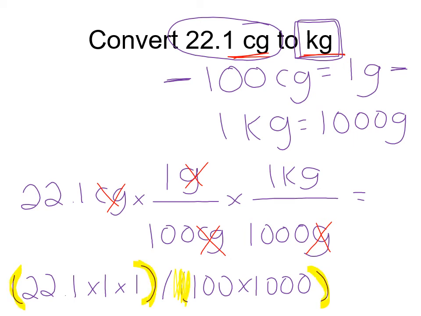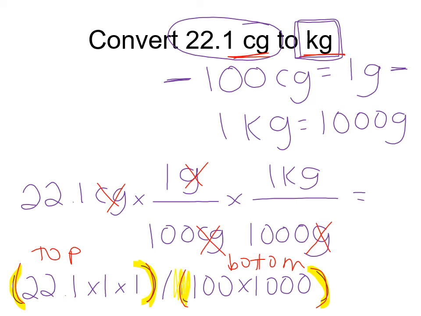If you don't use parentheses, and let's say you typed in 22.1 divided by 100 times 1,000, your order of operations will be off, and it will give you the wrong answer, which will be really frustrating when you keep getting points knocked off just because you're typing something in the calculator wrong. So everything at the top goes together, and then everything at the bottom goes together. And use parentheses around them.